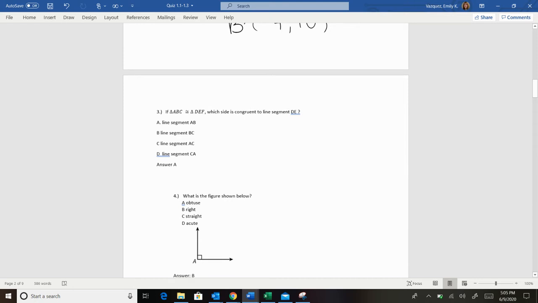Now I believe I removed this question, but I'm still going to go ahead and review it with you. This is about congruency. Let's say you have ABC, and they're saying it's congruent to DEF. Now DEF could be flipped or rotated, something like that. If they're telling you that they are congruent, then basically you want to follow the same letter pattern. For example, A and B are the first letters written up here, right?